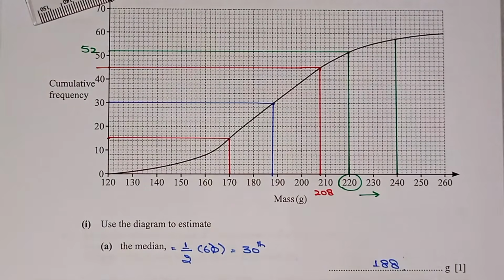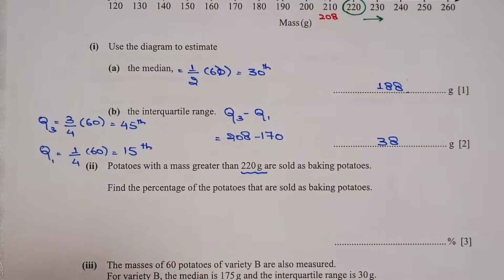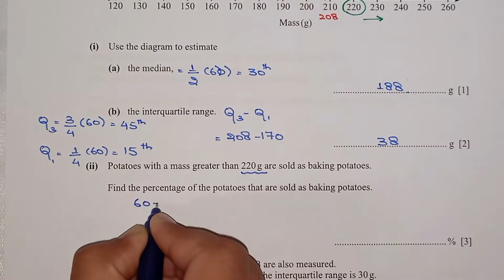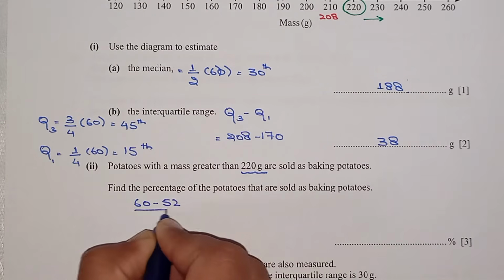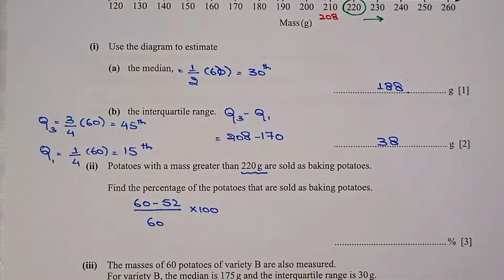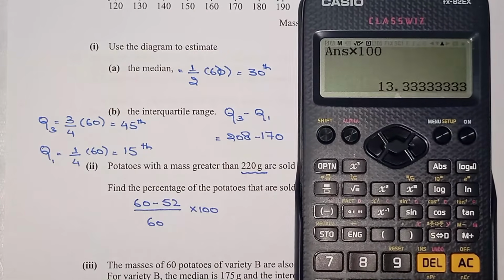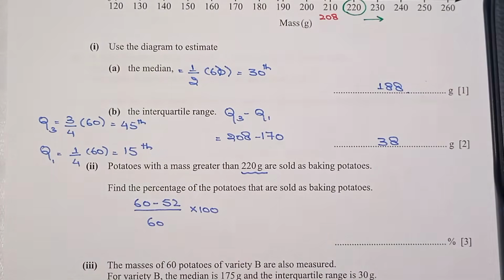So we need to find the percentage of potatoes having a mass greater than 220 grams: 60 subtract 52, dividing by the total number of potatoes and times by 100. 60 minus 52 would be 8. So 8 divided by 60 times 100. This would be 13.3%.